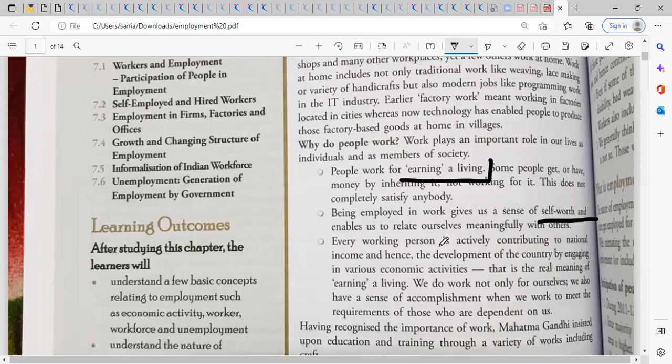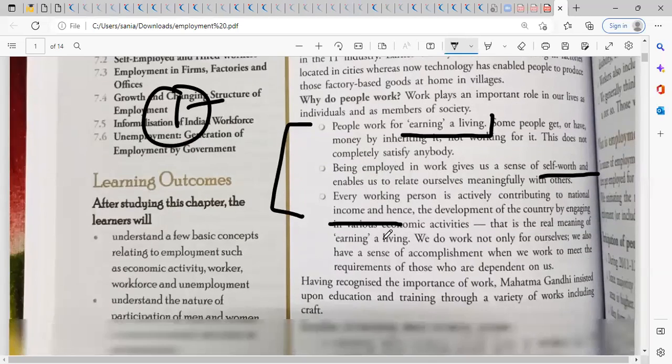And every person who is working is contributing to national income, hence helping the development of the country. So these are the three reasons why people work: for earning, for self-worth, and to contribute to the national income of a country. Clear?